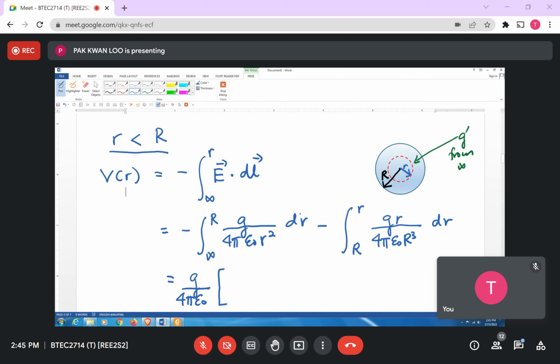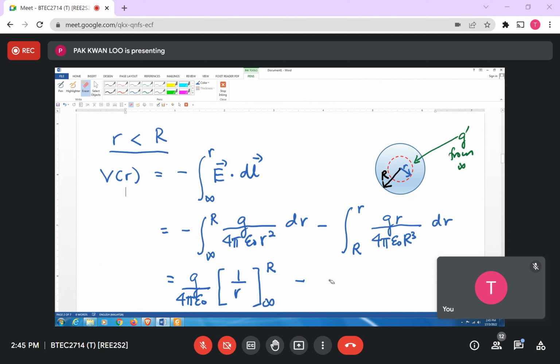The variable of interest is dr, so it becomes 1 over r. It's actually negative 1 over r, so with the negative sign here it becomes positive, from infinity to R. Similarly, we have minus here.